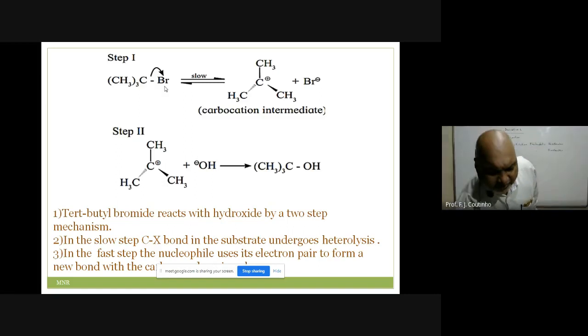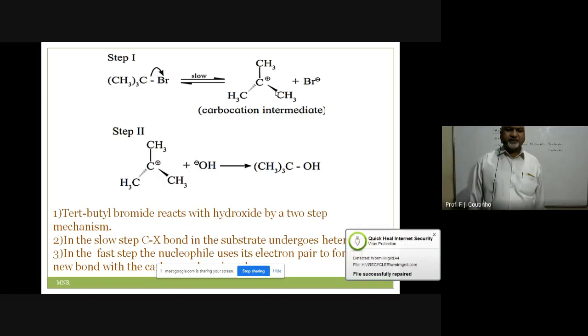Now, this is a carbocation which has the three CH3 groups. This one is in the plane of the paper, this is above the paper and this is below. If you see, the angle between them is exactly 120 degrees, and Br minus is there. So the carbocation has been formed.